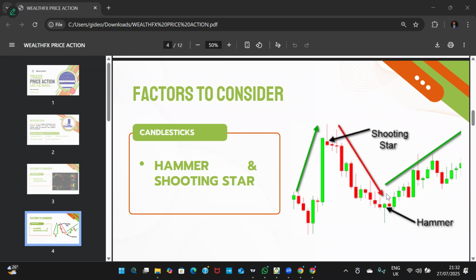For the single candles, we have the hammer, the shooting star, and the pin bar candle. When we go to the double candles, we have the engulfing candle, both bullish and bearish. And when we go to the triple candlestick patterns, we have the morning star and the evening star. These candles have been discovered to generate the best results when it comes to trading for profit.